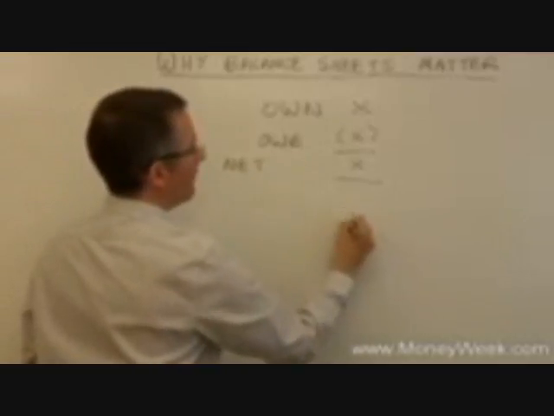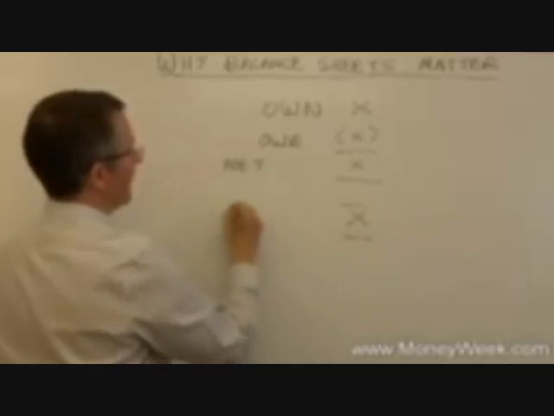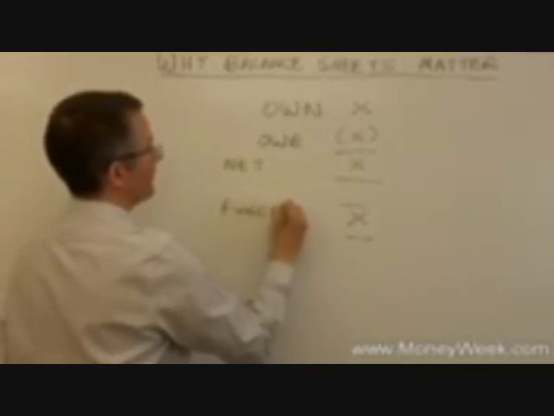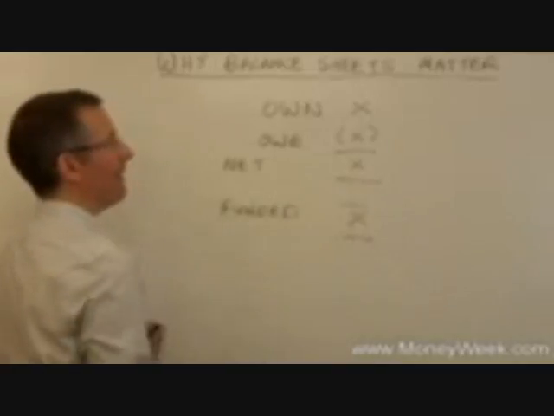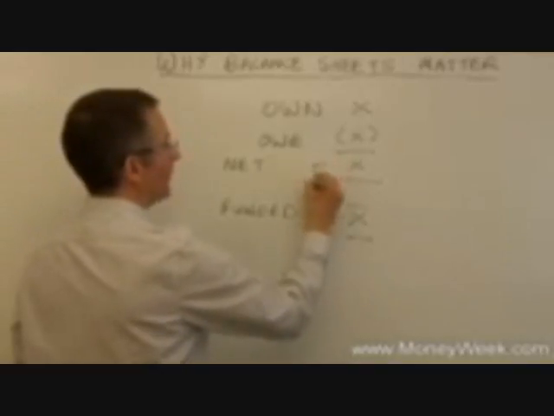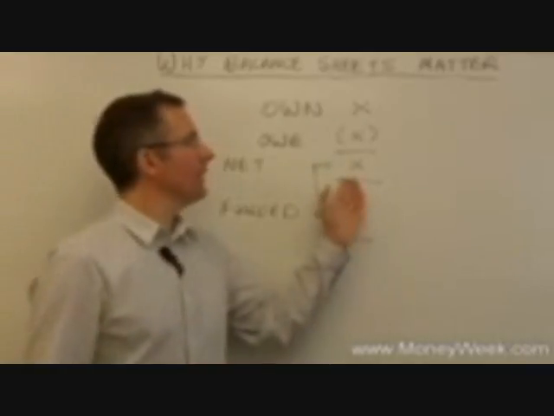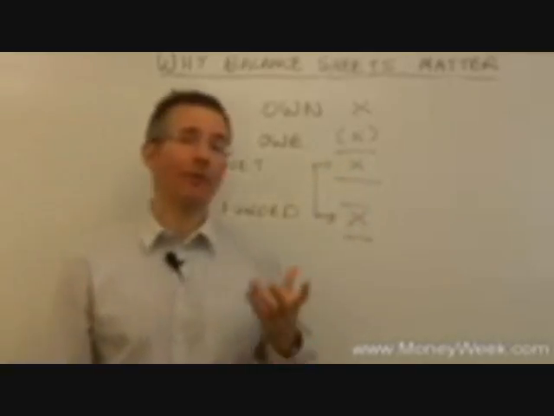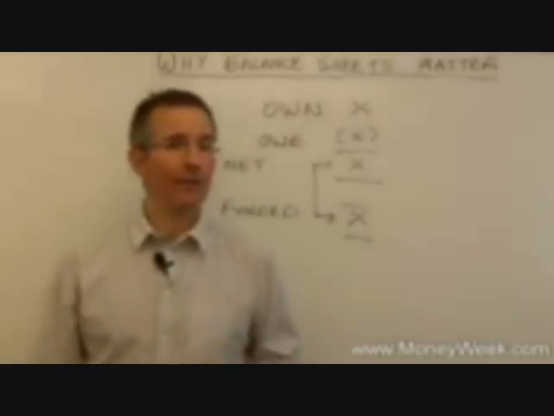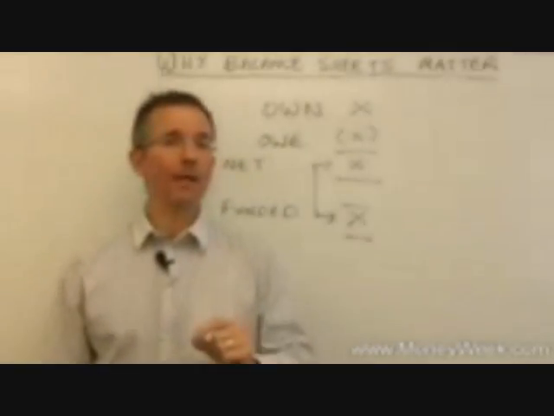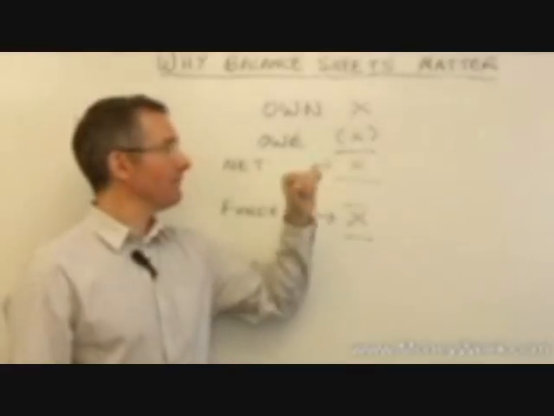And then at the bottom, the reason they balance is you answer the question, how has that net position been funded? Balance sheet's balanced because those two numbers should be the same. In other words, you can't conjure net worth out of thin air. It'd be nice if you could, but no one I've yet met can do it. In other words, somebody has funded that net position.